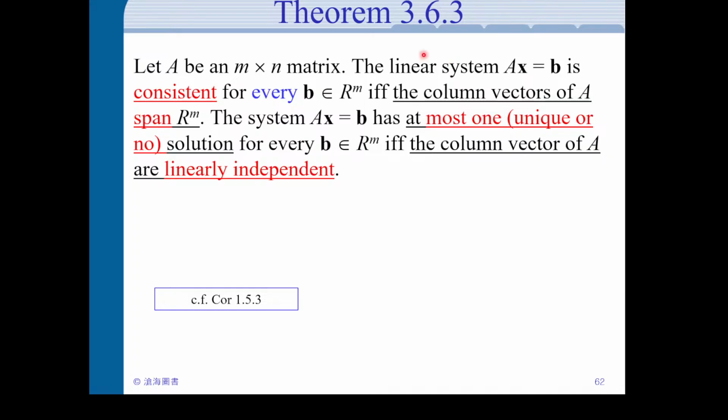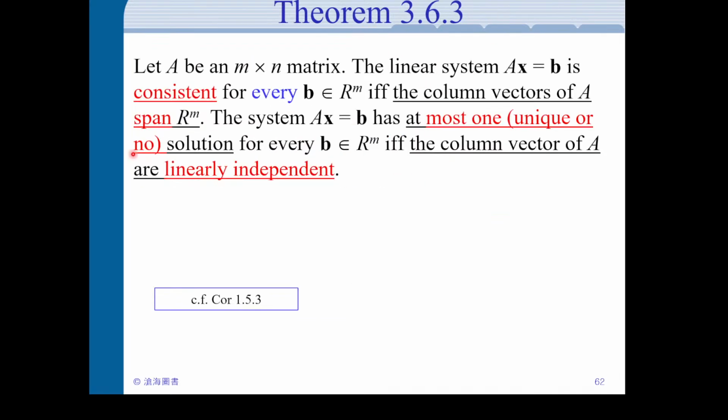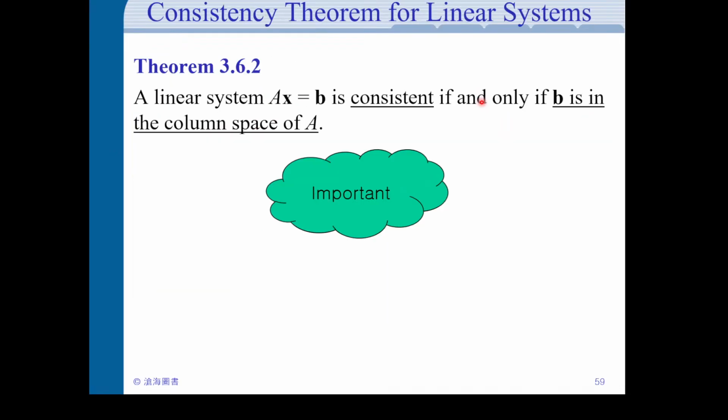So we'll play a small game of finding the difference between theorem 3.6.2 and the first statement of 3.6.3. Anyone want to answer what's the difference between this statement and this statement?